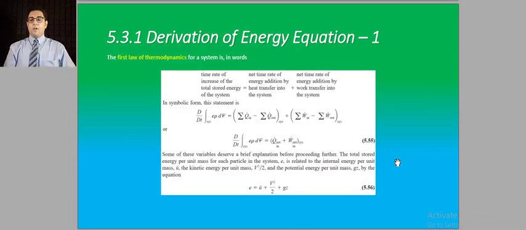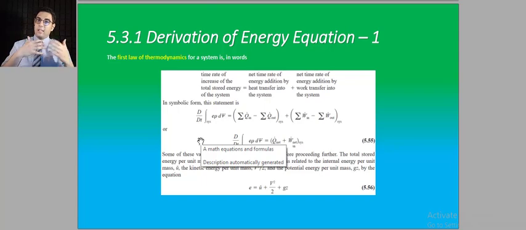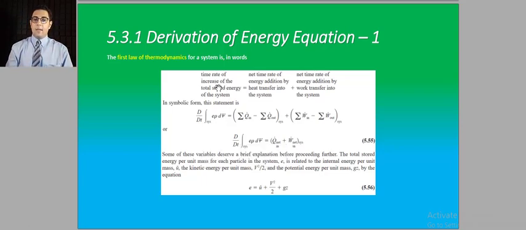First, we are going to talk about the first law of thermodynamics. It is completely related to the previous session, the last session of chapter 4, which was about the Reynolds transport theorem. Here we have a similar definition for the energy equation, which leads to the first law of thermodynamics.